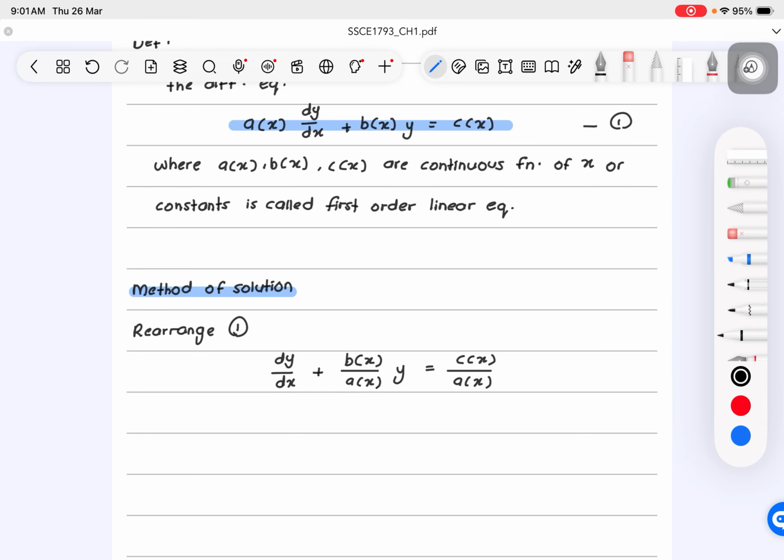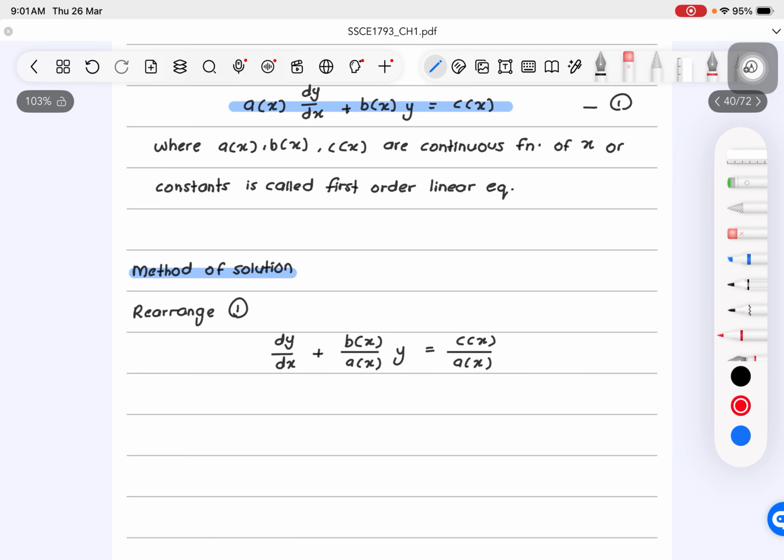For linear equation, the coefficient of dy over dx must be 1. So we replace b(x) over a(x) with p(x) and c(x) over a(x) with q(x). So this is our second equation.